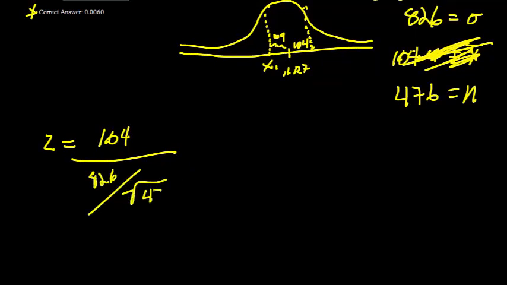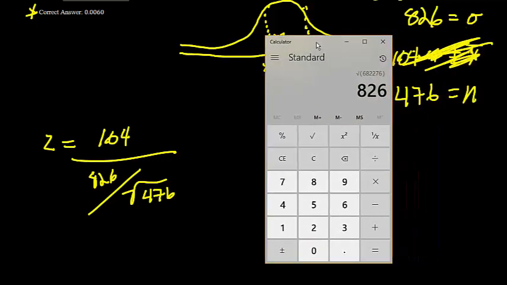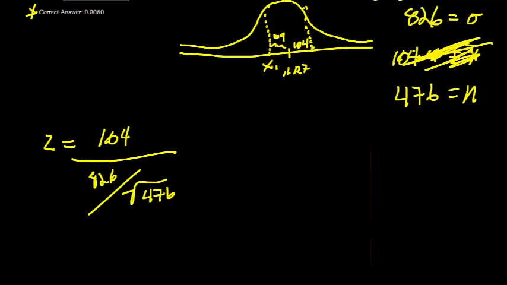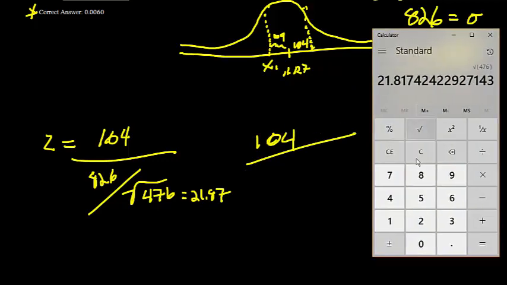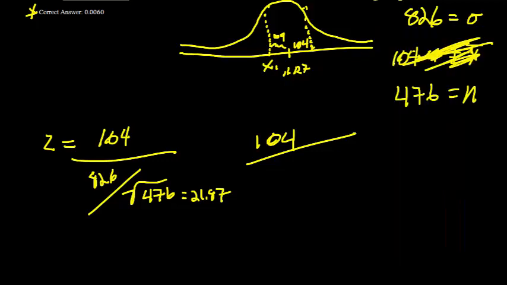The square root of 476 is 21.87. So that's 104 over 826 divided by 21.87, which is 37.76.